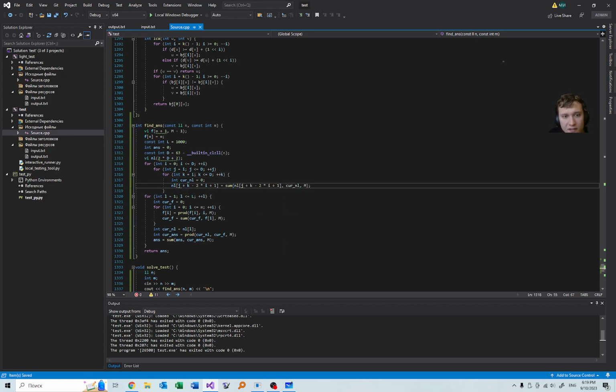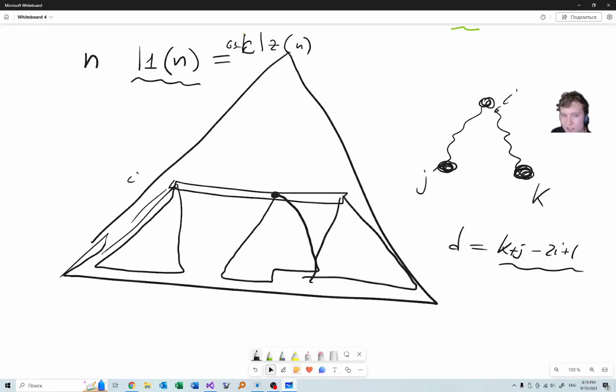So what is current NL? This is the number of ways to choose 3 vertices on depth i and its children on depths k and j. So this is the maximum depth D.